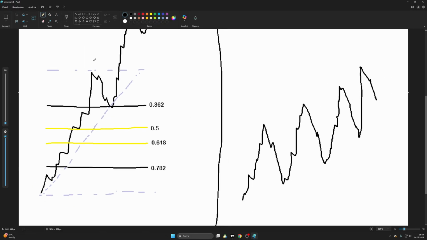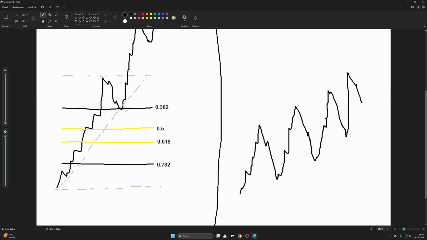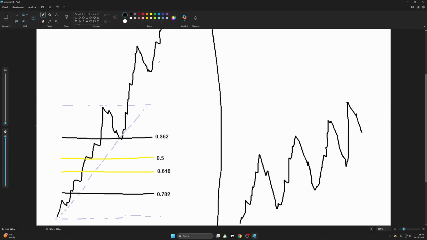So when we're looking at this example, we see that the impulse is always very, very strong, right? And like the stronger, and you can measure it with the Fibonacci extensions, you see that the markets previously, in this case, you'll be looking here when you're looking at the retracement, and you see the market was previously only going until the 0.362 retracement.